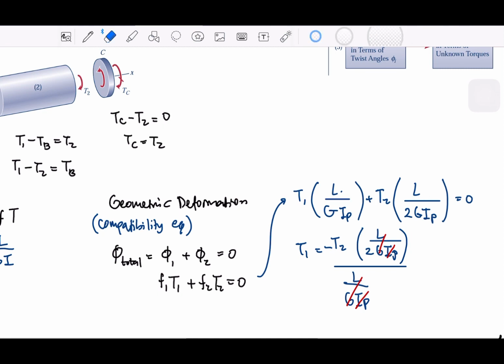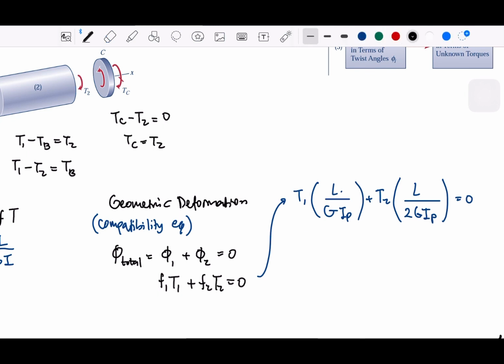Wait, let me calculate a little more clearly.